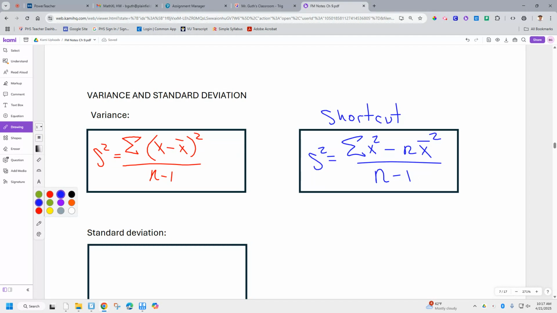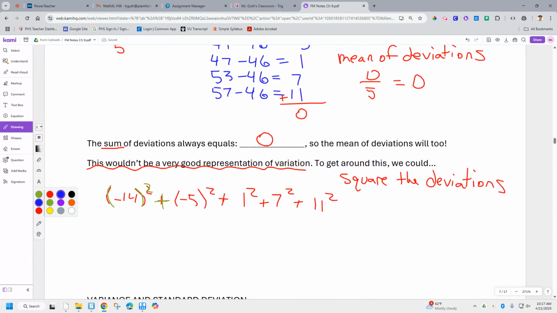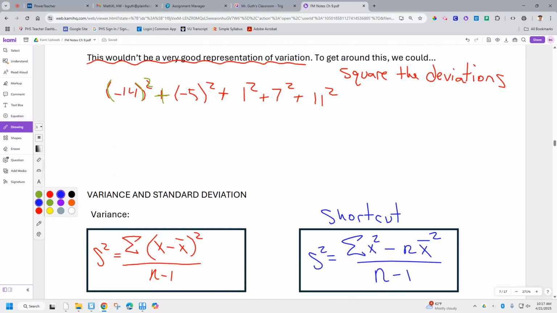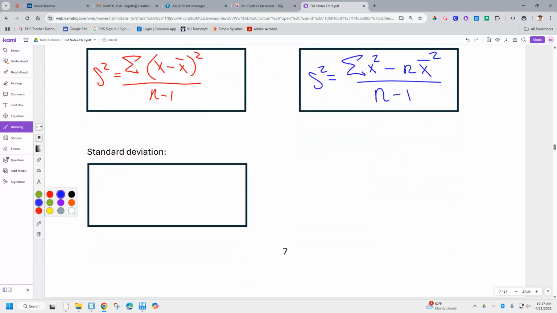That formula looks nuts, it looks crazy, I get it, but that's where it comes from, is kind of doing what we're doing here. We're talking about how much those numbers vary from the mean, and we're trying to get some kind of a value to put a quantity on that.